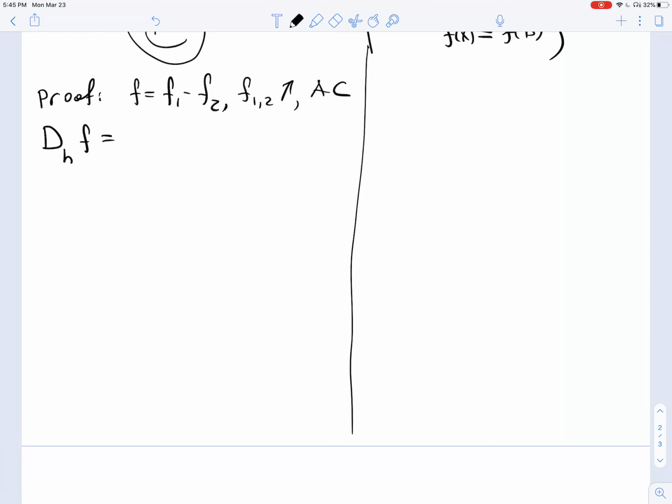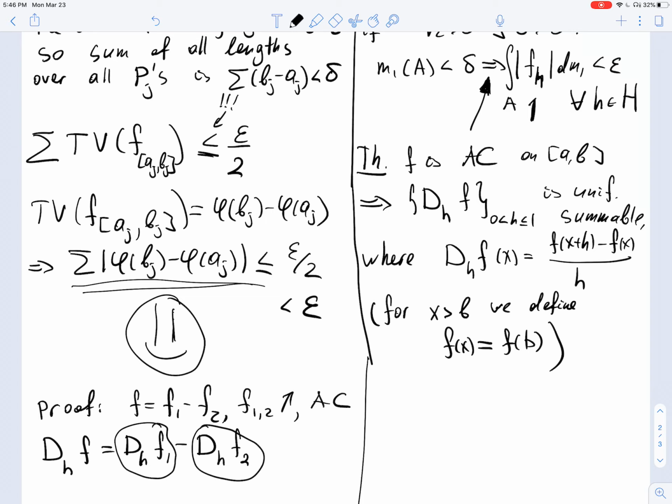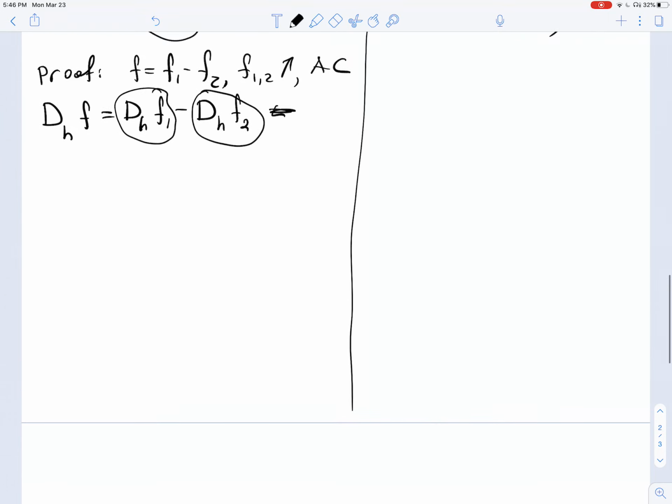Moreover, dhf is equal to dh f1 minus dh f2. So we only need to prove it for one of them. If this family is uniformly summable and this family is uniformly summable, then the difference is also uniformly summable, because the absolute value right here will be less than the sum of the absolute values of these two families, and we'll get something like 2 epsilon, which is fine.